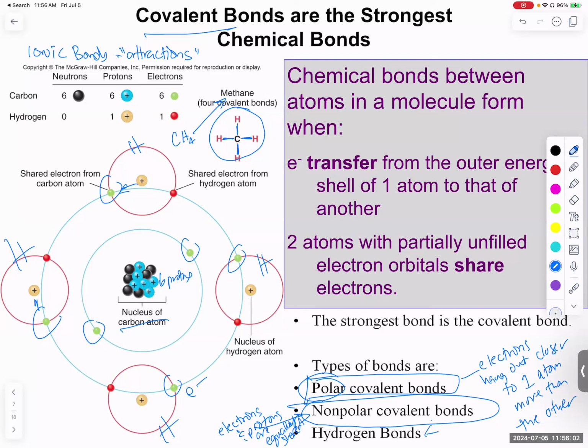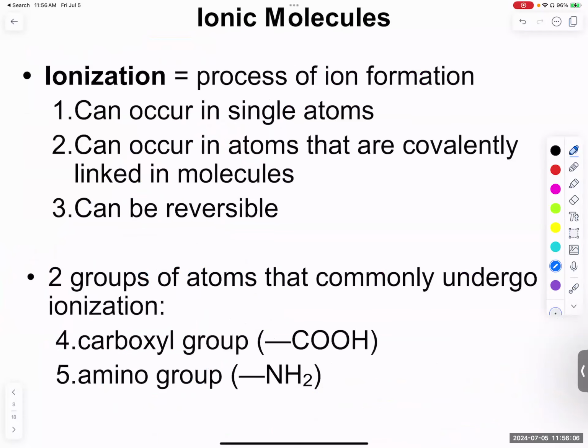We'll get to hydrogen bonds a little bit later, but let's talk a little bit more about polar and nonpolar. I'm bringing up ionization. Again, we talked about the process of gaining or losing. So that's ionization, right?